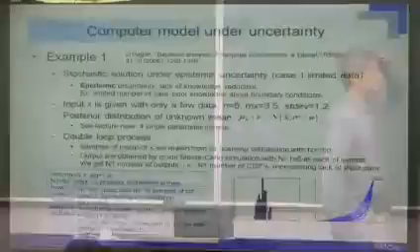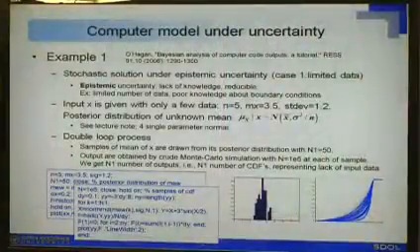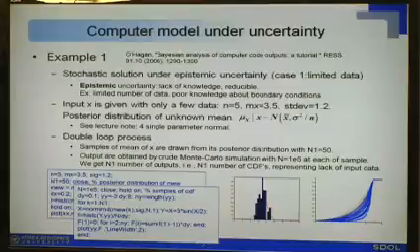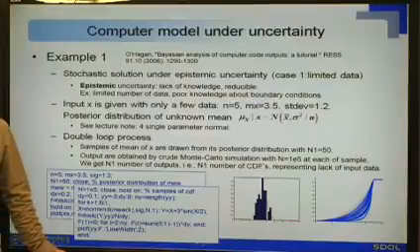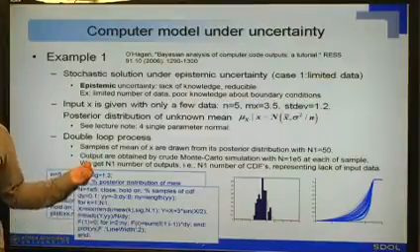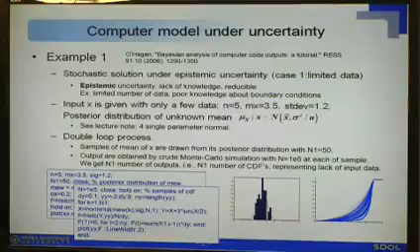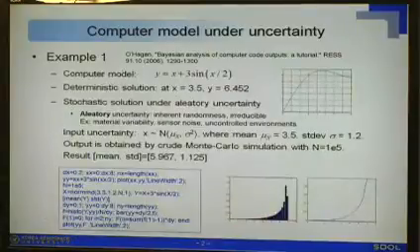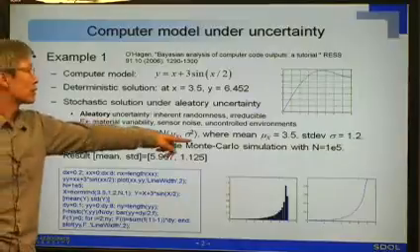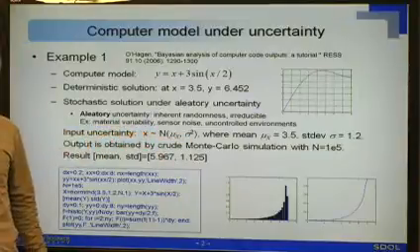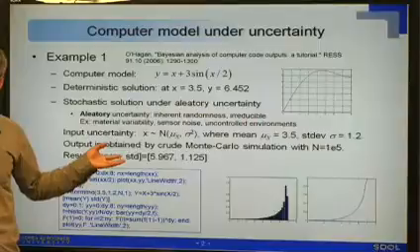Now we will move to the epistemic uncertainty. In this case, we have two cases of epistemic uncertainty. One is due to the lack of data in terms of input variable. Remember, go back to the previous slide. This assumption came from where?